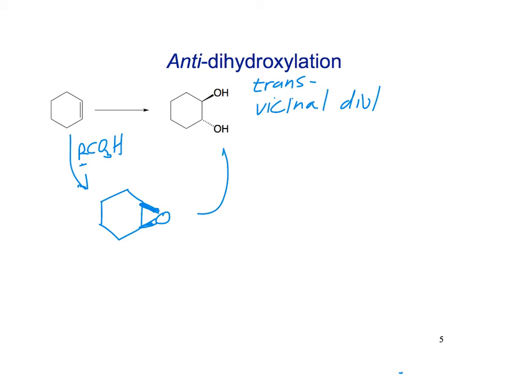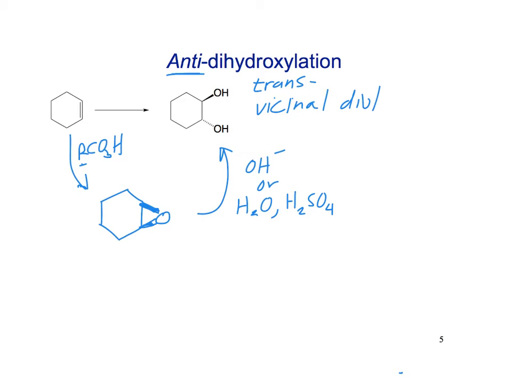And then we can open up that epoxide either with hydroxide, or we can use water and acid. Remember, the nucleophile comes from the side opposite of the epoxide oxygen to give us this trans product. Okay, so from the alkene to the diol, this is a net anti-addition.